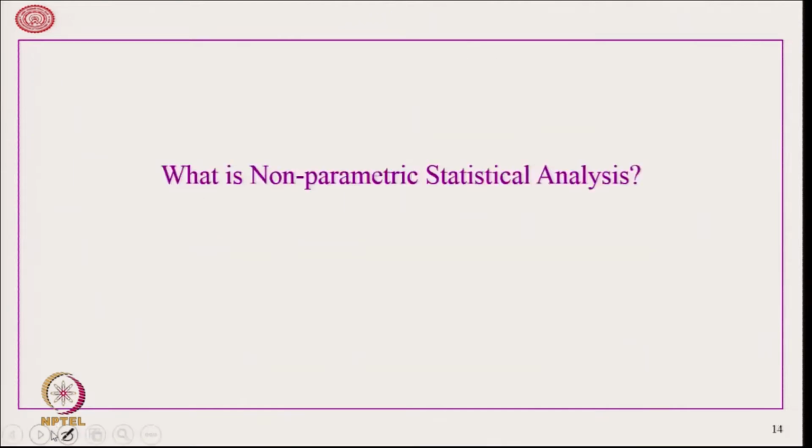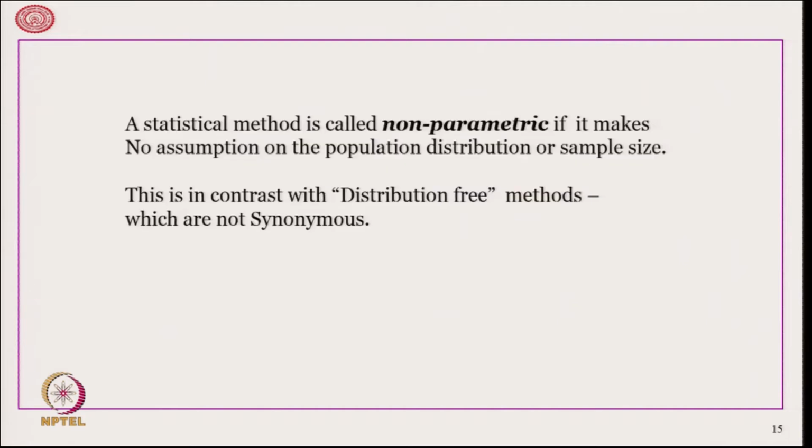Therefore, the basic question comes, what is non-parametric statistical analysis? A statistical method is called non-parametric if it makes no assumption on the population distribution or the sample size. Therefore, we are not having any restriction on sample size.